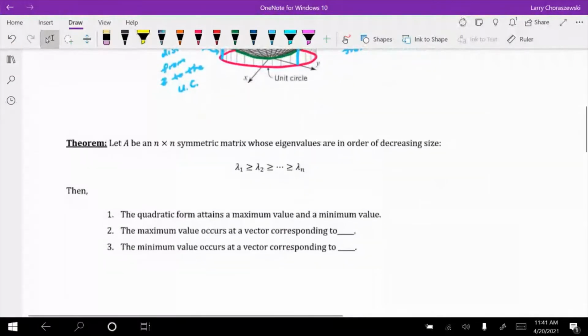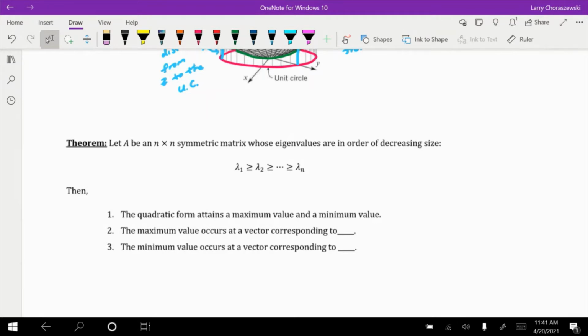Well, if we have a function in x and y that is a quadratic form, we know that we can write the quadratic form as x transpose A x, where A is a symmetric matrix. And we will actually be doing that again in this section because we're going to try to maximize or minimize a quadratic form subject to this constraint of the unit circle.